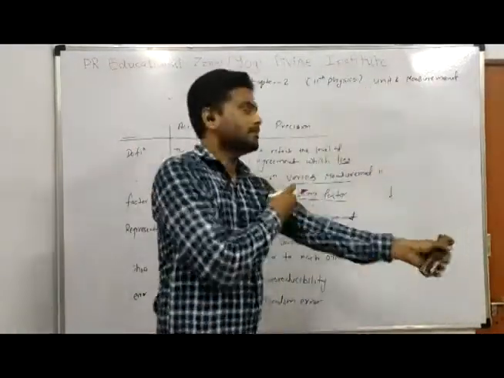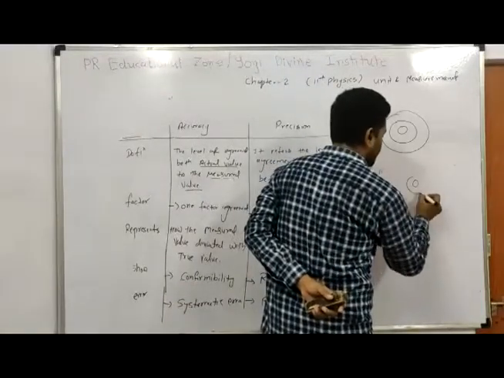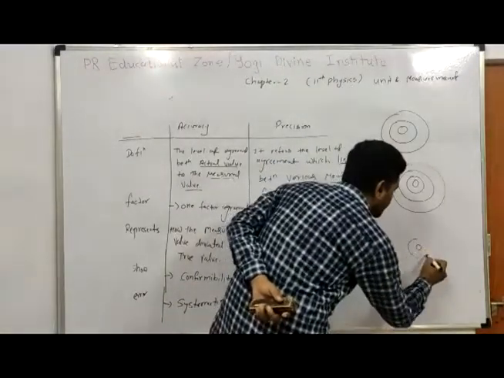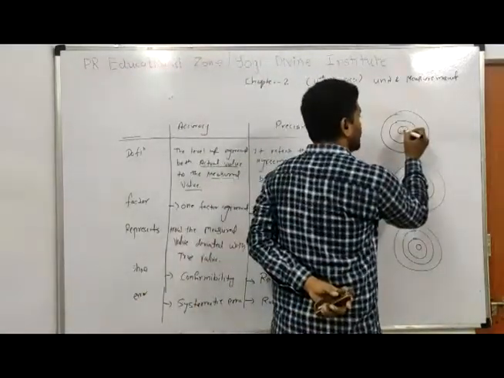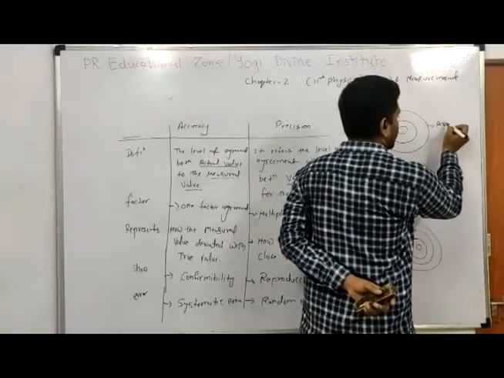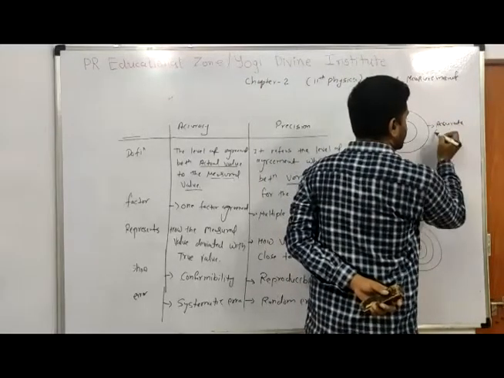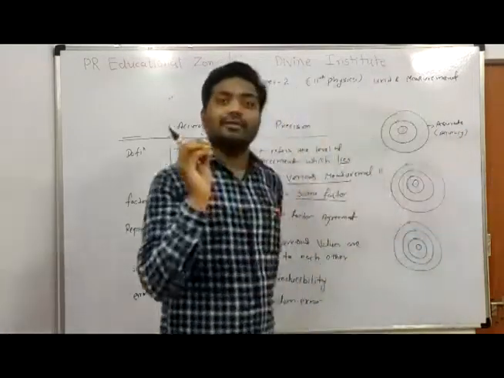So we have 3 circles. We have another circle and we have the third circle. Suppose I am pointing arrows over there. In the first, all the arrows are here, so this will show the accuracy, because the value is very close to the actual value.